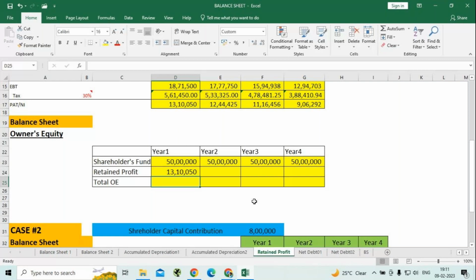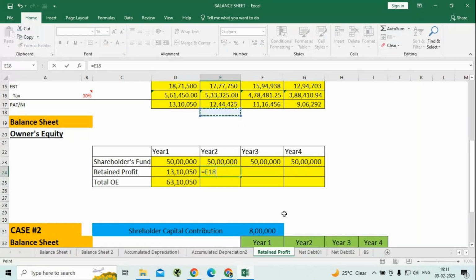Here it gets added, so shareholders' fund plus retained profit. For year 2, the retained profit is the current year's profit plus the previous year's retained profit.